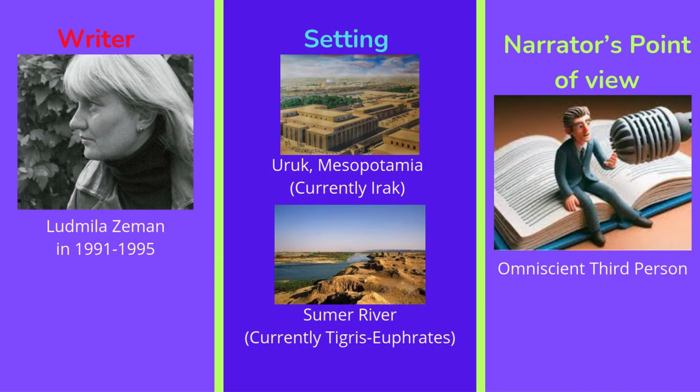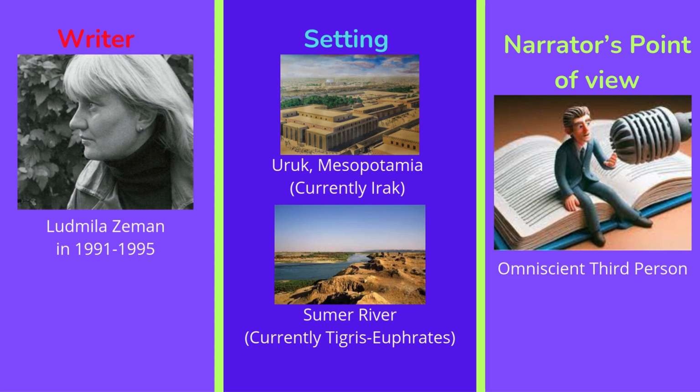The trilogy was written by Ludmila Zeman from 1991 to 1995. The setting of the trilogy is Uruk, Mesopotamia, currently Iraq, and the Sumer River, currently the Tigris and Euphrates.